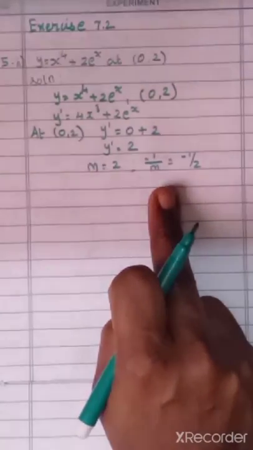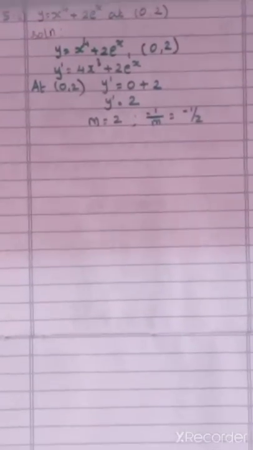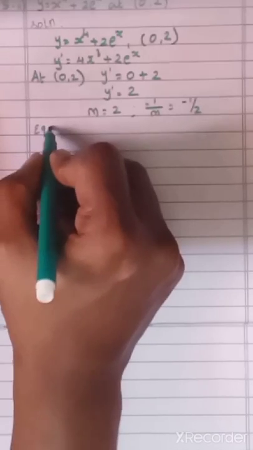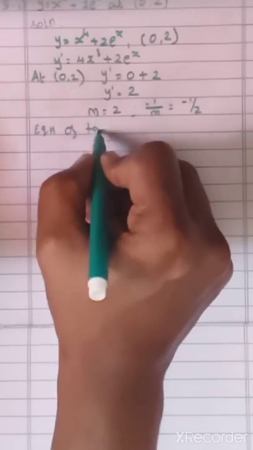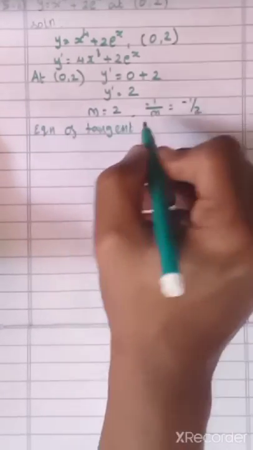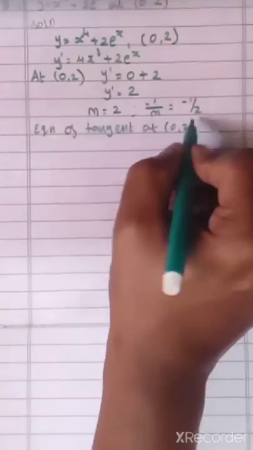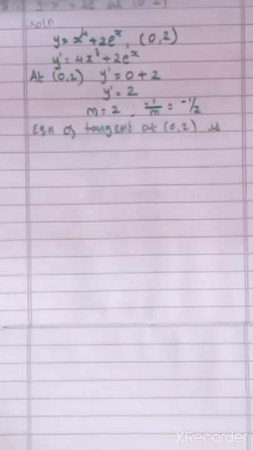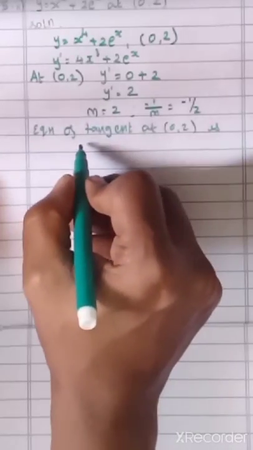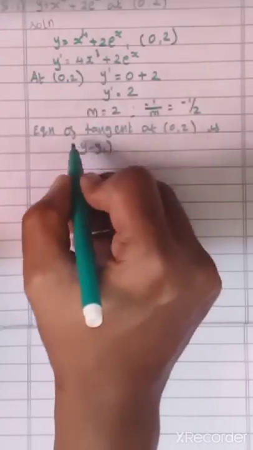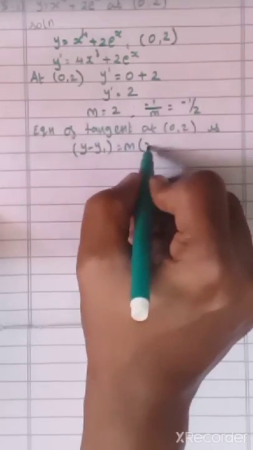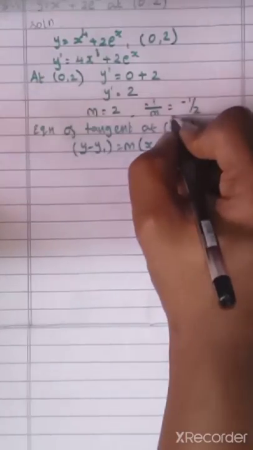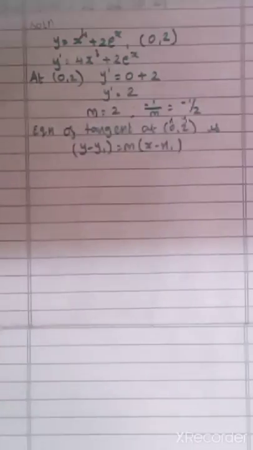Now we are going to use a formula to get the answer, right? So what you have to do? First, equation of tangent we can find out. Equation of tangent at (0, 2). At the point, you have to find out. That is the question, right? What is the formula? y minus y1 equal to m of x minus x1. Here, this point is your x1, this point is your y1.